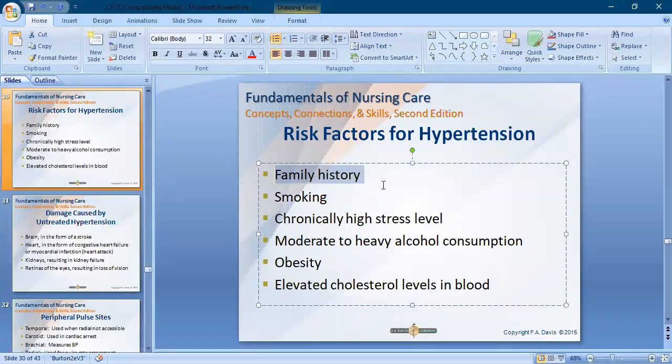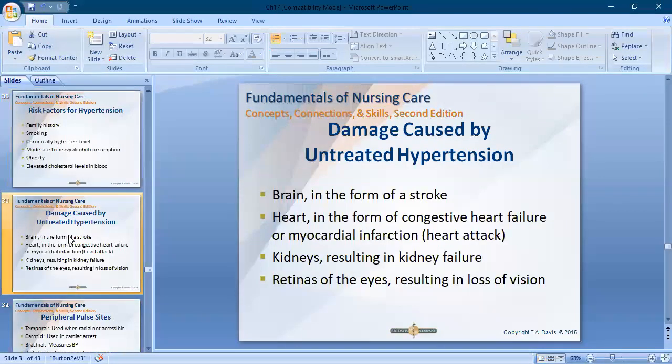Moderate to heavy alcohol consumption causes hypertension. An obese person has heart disease and hypertension. If your cholesterol is constantly high and you are not taking a statin like lovastatin or simvastatin, your heart will go down and hypertension results.